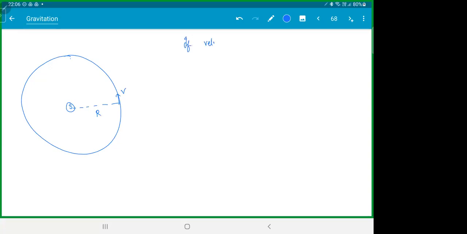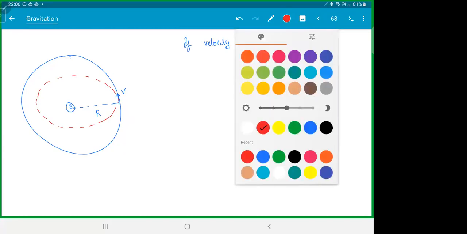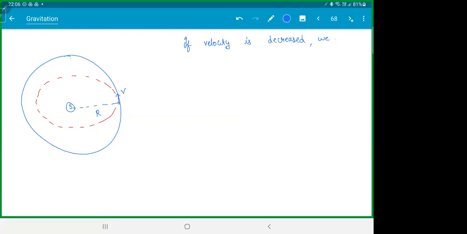If velocity is decreased, then instead of going in a circle, this will start going in an ellipse. Agreed? If you're going slower, you'll go in an ellipse, but a smaller orbit. If velocity is decreased, we observe the Earth goes in an ellipse, which is smaller.